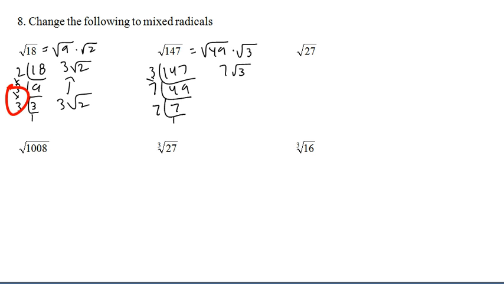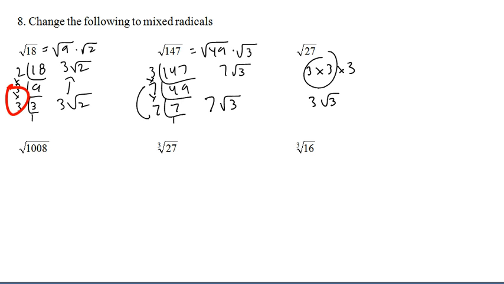And 7 gives me 1. So 3 times 7 times 7. Because I have 2 7s, that's 7 squared, which I can pull out as 1 7 out of the root sign, equals 7 root 3. Root 27 is 3 times itself 3 times. 2 of those are 3 squared, so I get 3 root 3.